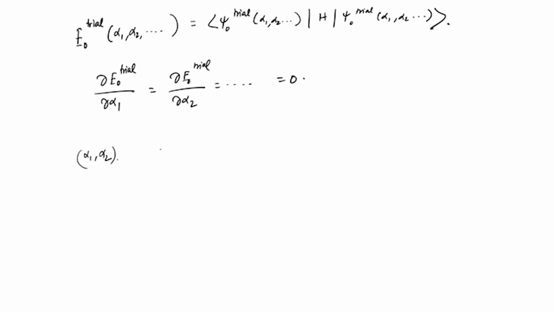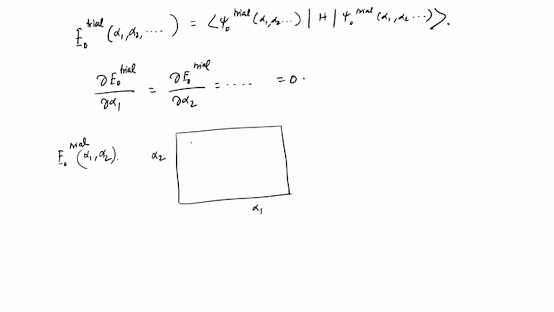Your E0 trial is a function of them, which means you have to simultaneously find the zeros of two quantities: del E0 trial del alpha 1 has to be 0, and at the same time del E0 trial del alpha 2 equal to 0 as well. This simultaneous vanishing means you have to actually find a minimum of this energy in the space spanned by alpha 1 and alpha 2.